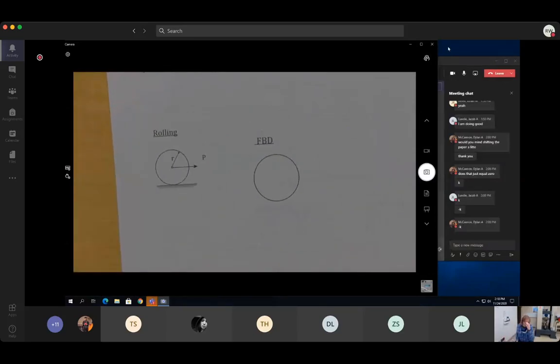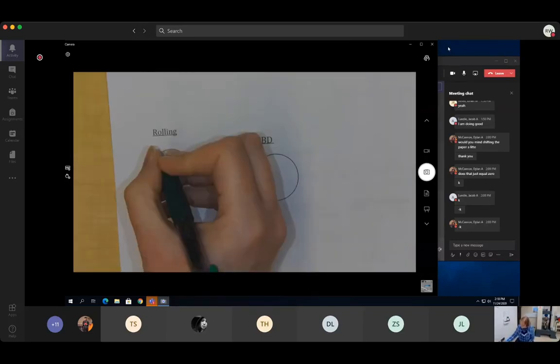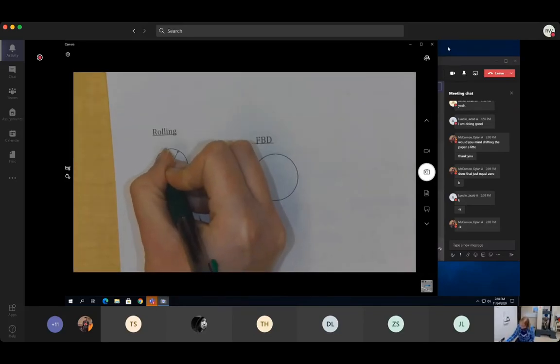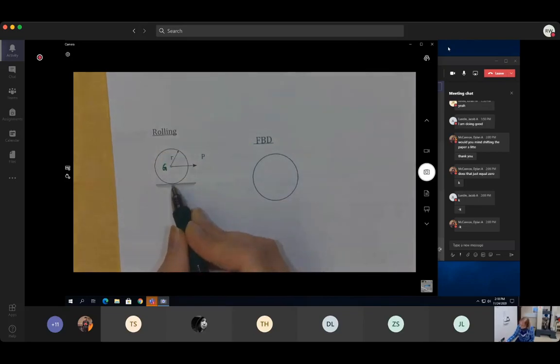And we'll take a quick look at rolling. So if we have a rolling motion, we have a cylinder that's rolling. Our center of gravity will be there in the middle. At ground, there's some sort of a force that's pulling forward. We've got a radius.